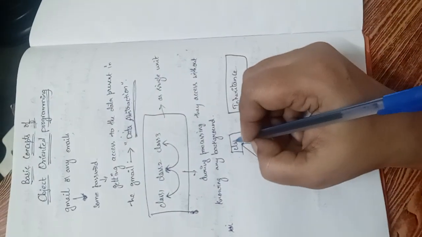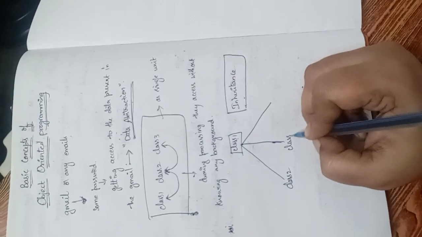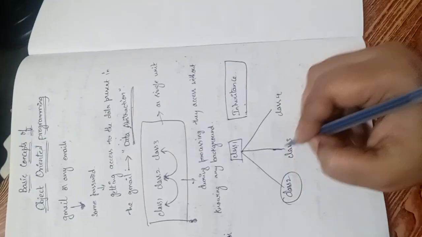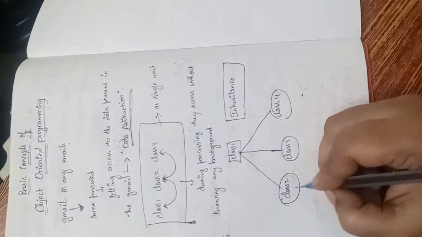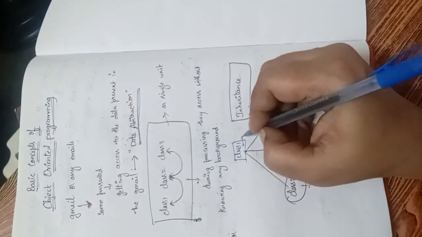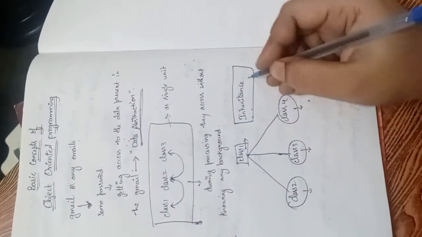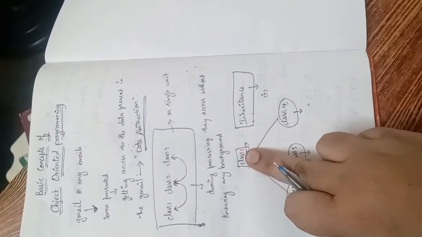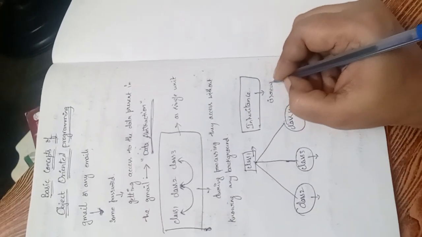This is class 1, and class 2, class 3, class 4 are the classes which have both their own properties and this class's properties. From inheritance we are using this class's properties for these three. That means reusability.